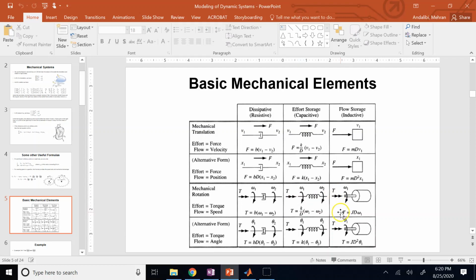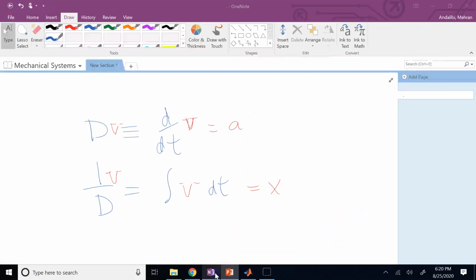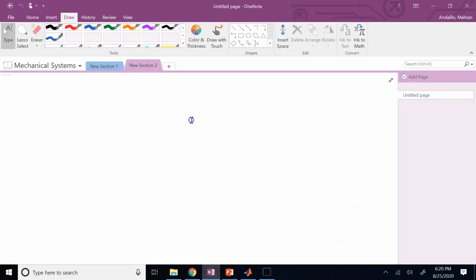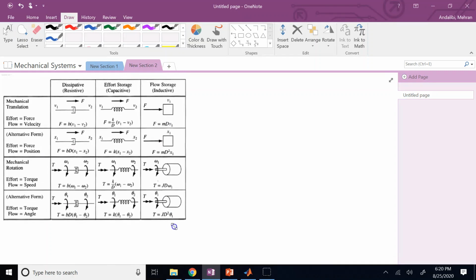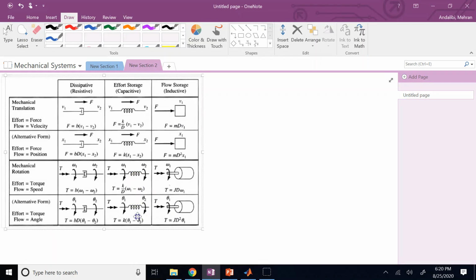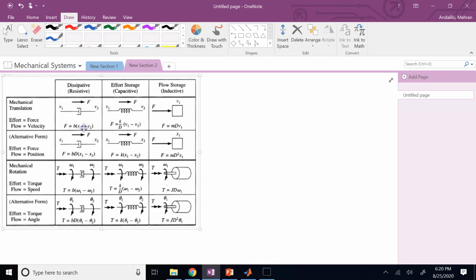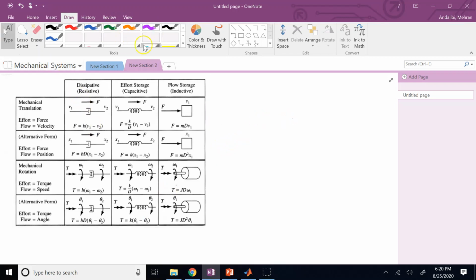And then the torque for the inertia is basically J times d omega, and d omega again means alpha. Let me clarify this a little bit for you, because I don't want to skip it. I want to clarify everything for you before I start solving problems.